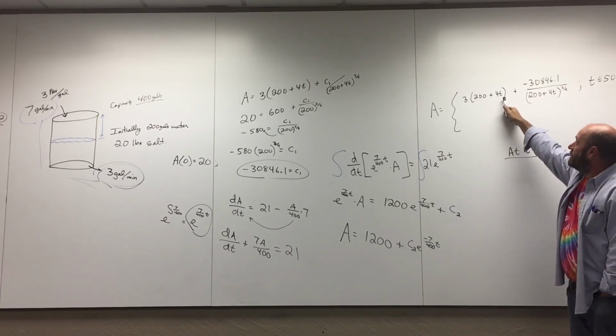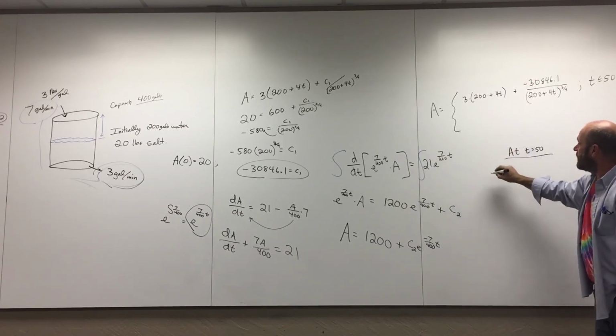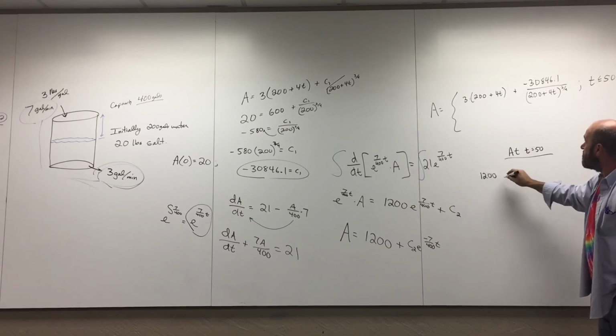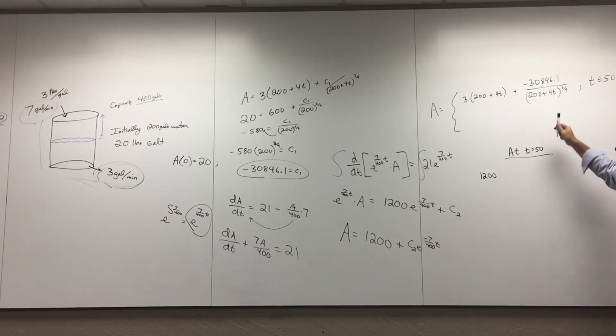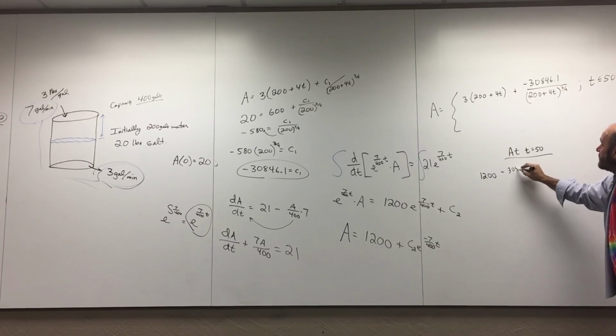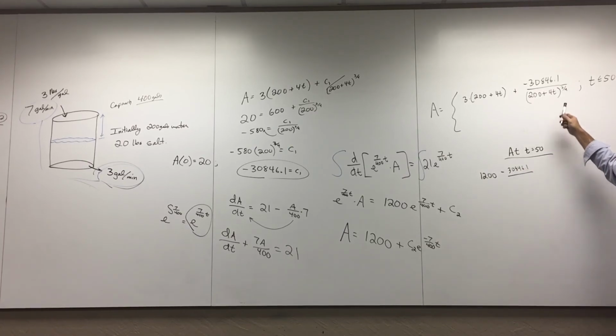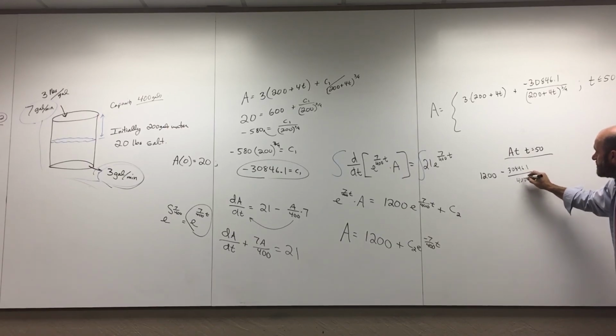That's 200, that's 400 times 3, that's 1200. I'm plugging 50 in there. That's negative 30,846.1 over 400 to the 3/4.